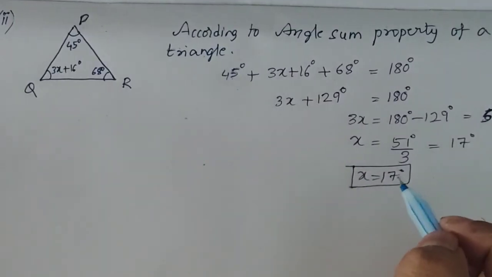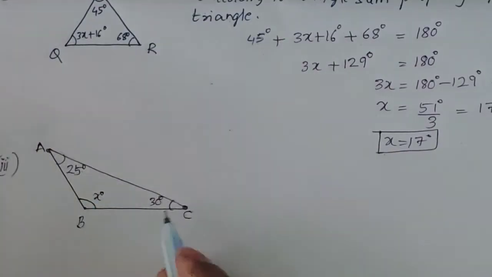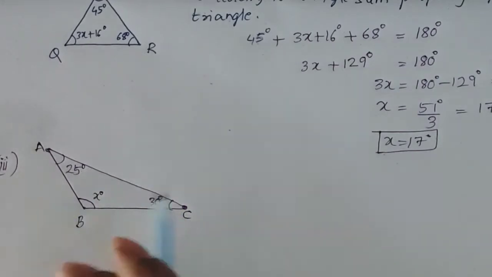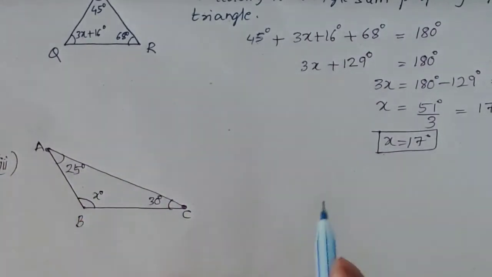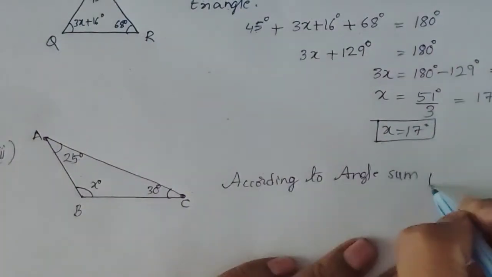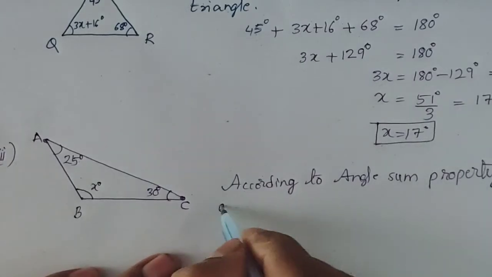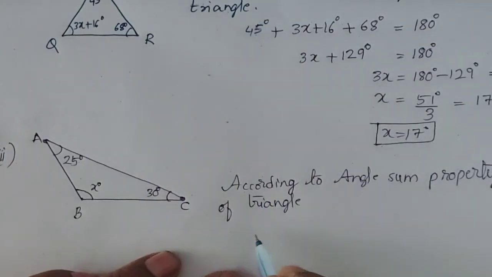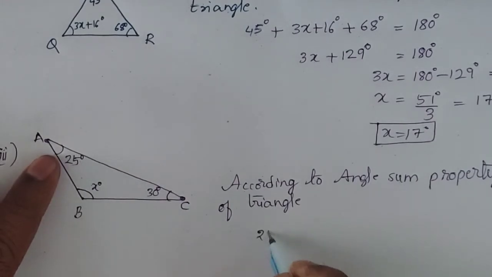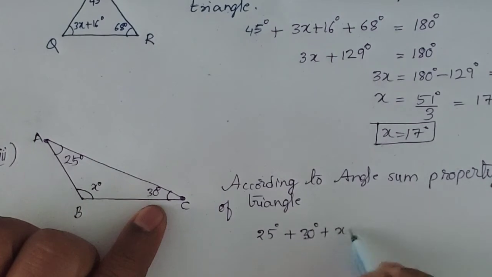So simply we applied the angle sum property of a triangle. Now we need to find x in the next problem. Again here we use the angle sum property of a triangle. We know that all three angles, 25 degrees plus 30 degrees plus x degrees, equal 180 degrees.